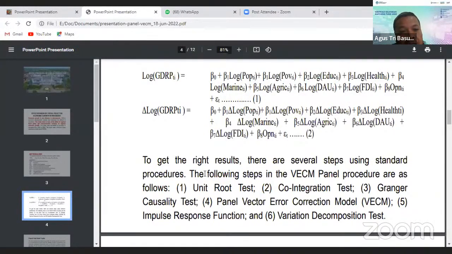After the unit root test, we can test cointegration, and test Granger causality, and we make the panel vector error correction model. After we make the equation in the panel vector error correction model, we derive the impulse response function, and the last result is the variance decomposition test.